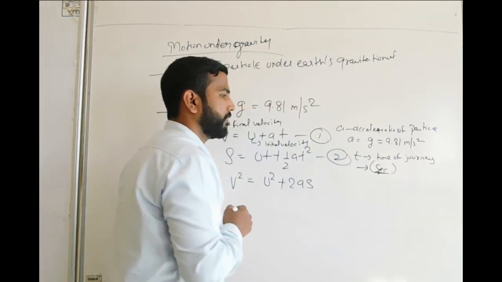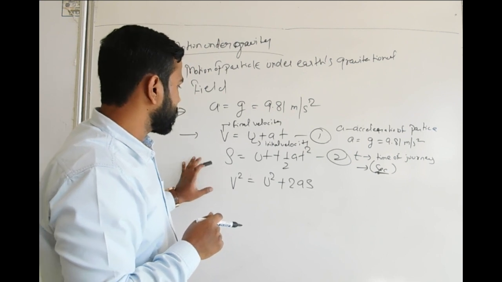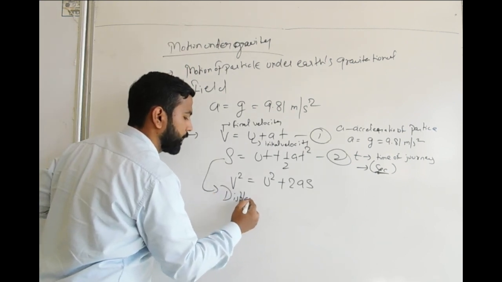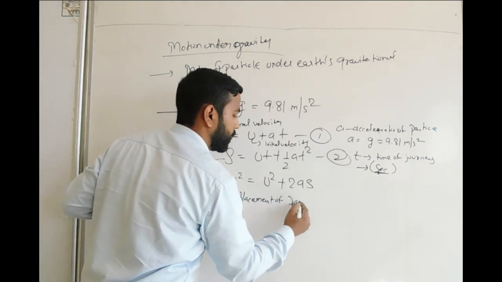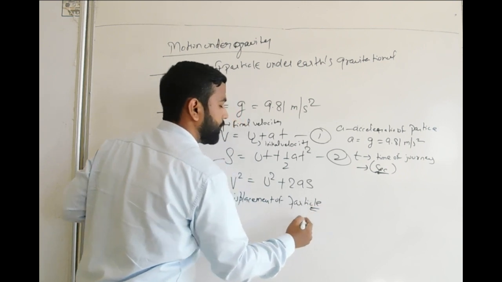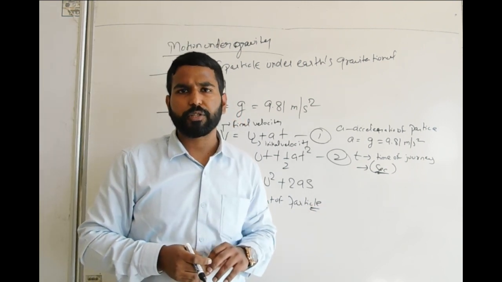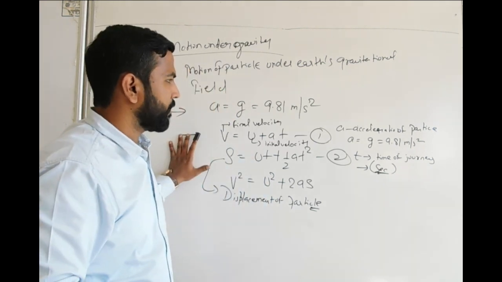We will measure our time value in seconds. The other symbol s is the indication of displacement of the particle. Displacement is basically the change in position of the particle.